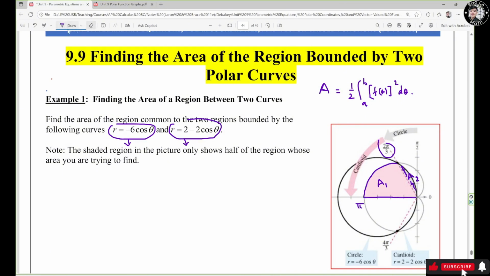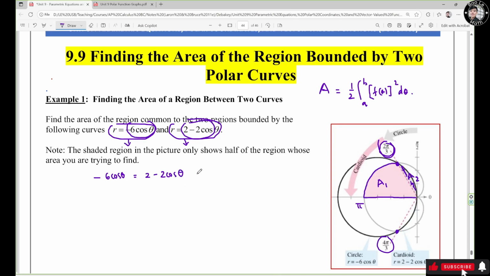Now, how do we find 2 pi over 3 and 4 pi over 3? These are the intersections of the cardioid and the circle, so you just equate the two equations to find the angle theta. We have negative 6 cosine theta equals 2 minus 2 cosine theta.